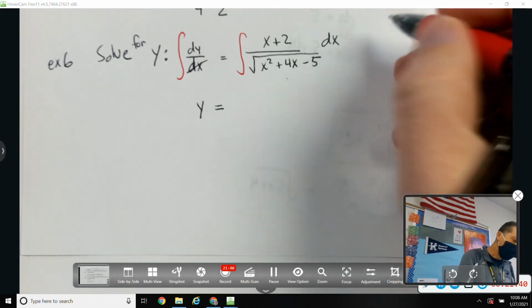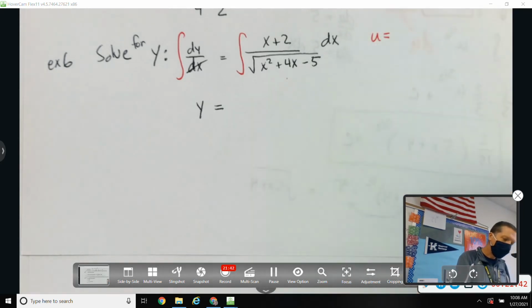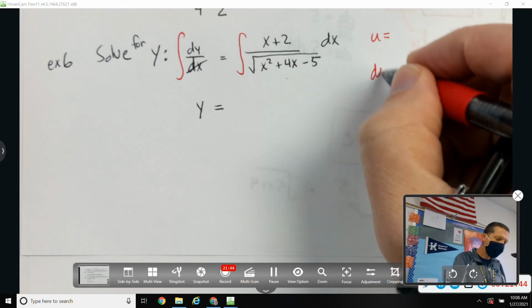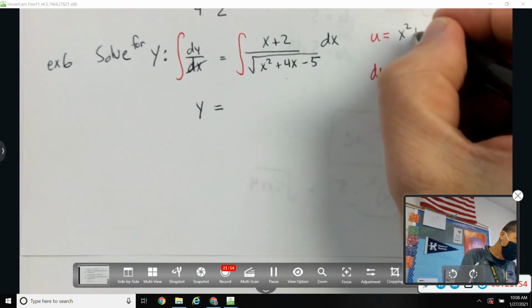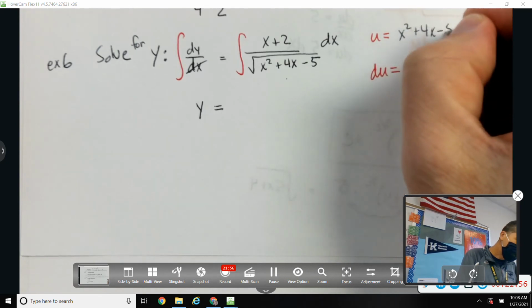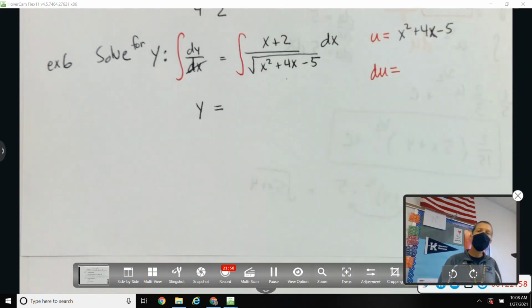So, guesses? Lots of stuff going on in there. Guesses for what u should be? Okay, let's try x squared plus 4x minus 5. And then we'll know if that's a good pick if du looks good, like shows up.